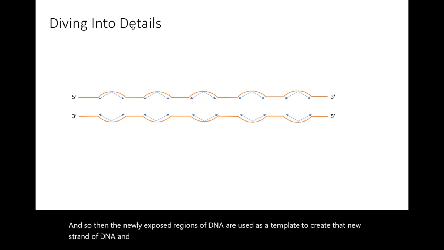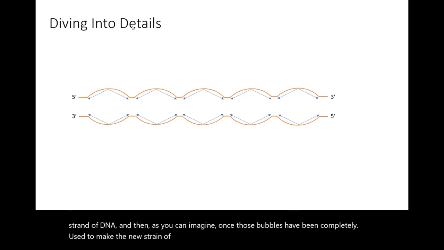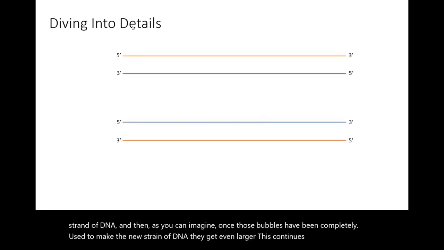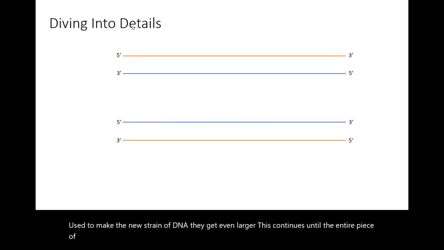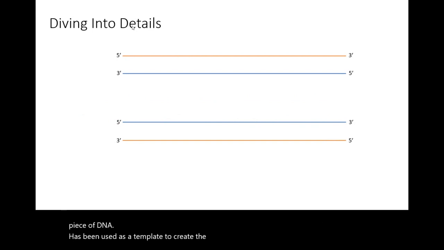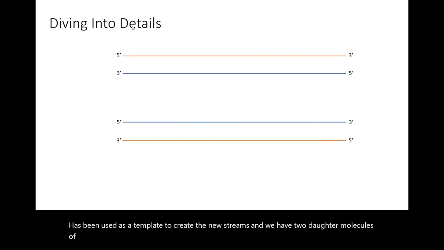And then, as you can imagine, once those bubbles have been completely used to make the new strand of DNA, they get even larger. This continues until the entire piece of DNA has been used as a template to create the new strands, and we have two daughter molecules of DNA.